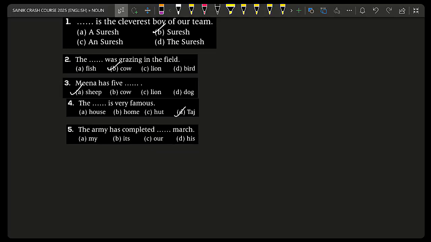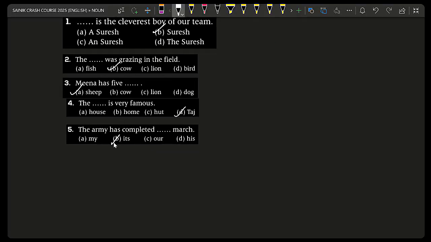Time up. Option A, I received 1 vote. The army has completed my march, wrong answer. It should be related to the army. 5 votes were received for option C, our. Our is not related to the army. 9 votes were received for his. The army is not a person to use his. Option B, its, received 10 votes and it is correct. The army has completed its march. Option B is correct.